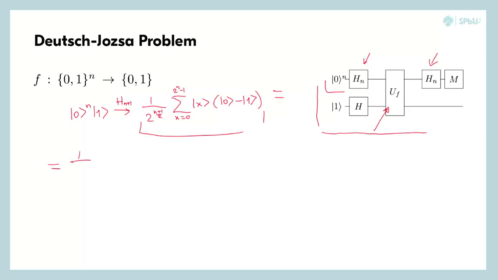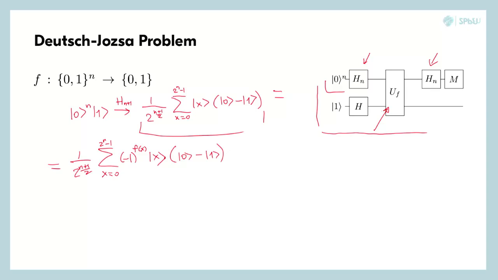So again, we have this and the sum over all vectors of the space. And now minus 1 to the power f of x, and this minus vector here.